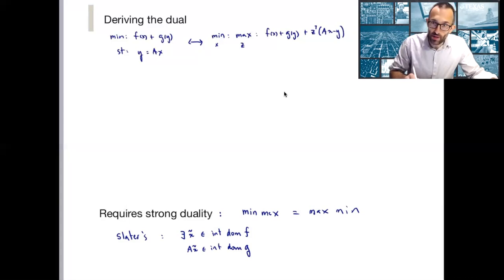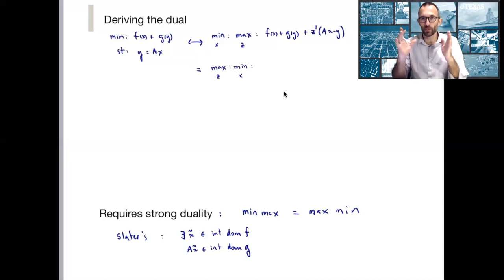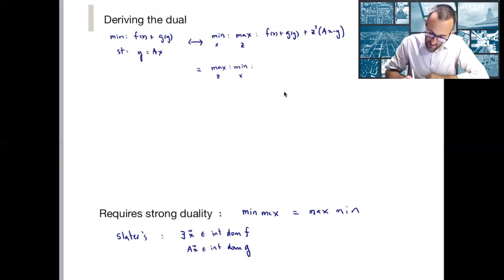But if that's true, then going back up top, this is equal to maximization over z, minimization over x, of a problem. If we look at the inner minimization problem, it now no longer has any constraints. So this is equal to f of x.